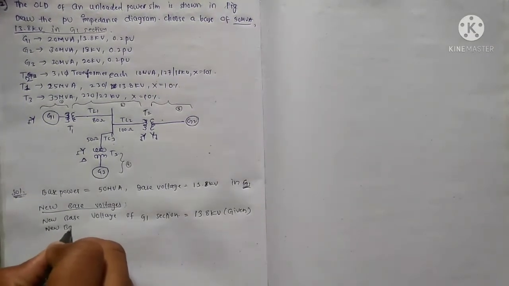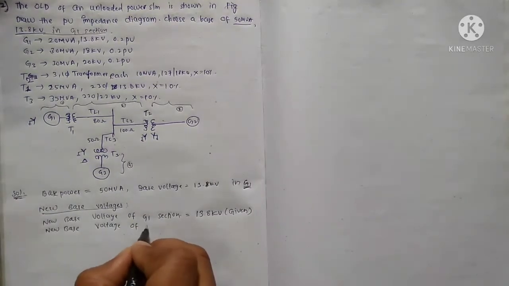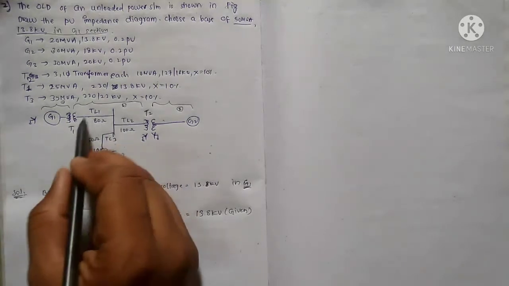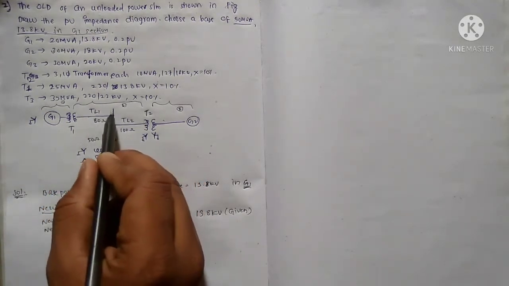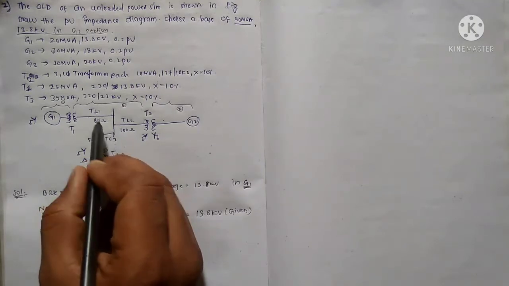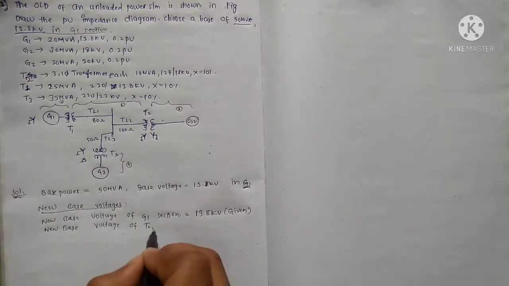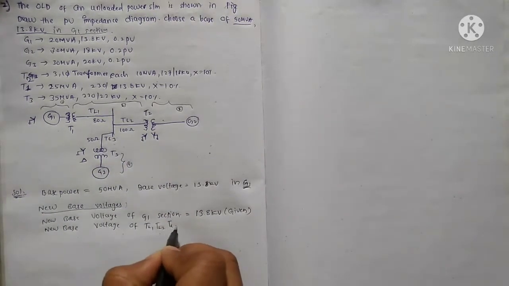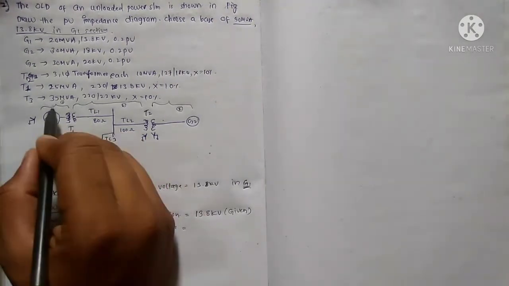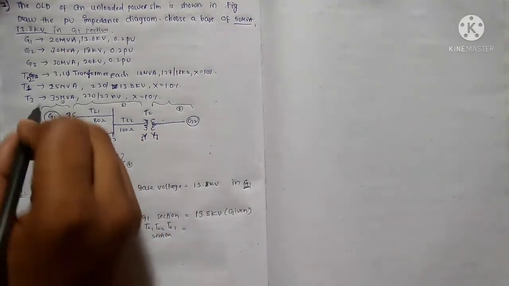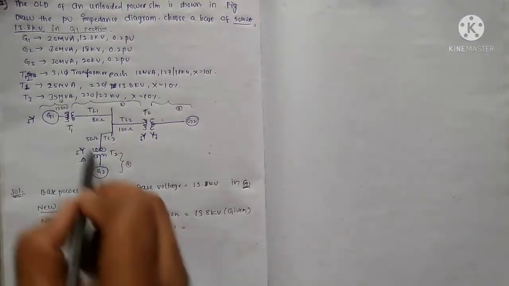Now the new base voltage of this section 2, we are calculating now. Since I said already this is connected to the same bus, TL1, TL2, TL3, this whole section voltage becomes the same. Because we know this voltage, write it down as 13.8 kilovolt, just as I wrote here.